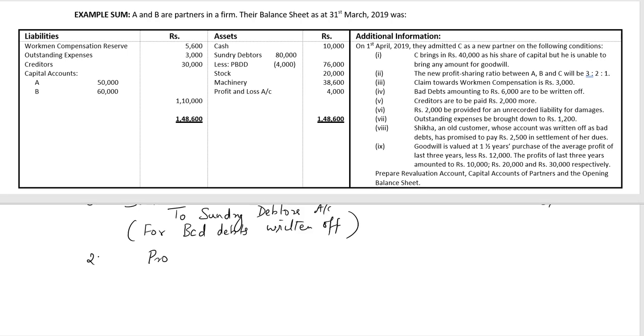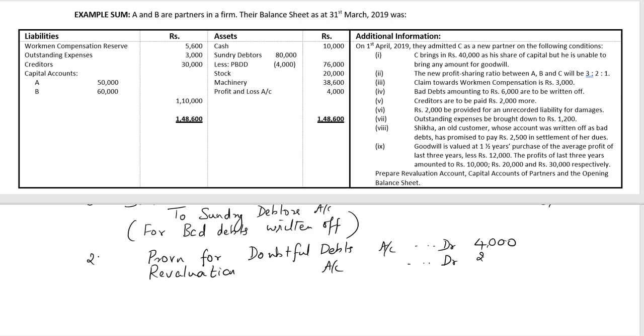So it's provision for doubtful debts account debit ₹4,000, revaluation account debit, the remaining 2,000 to bad debts account.